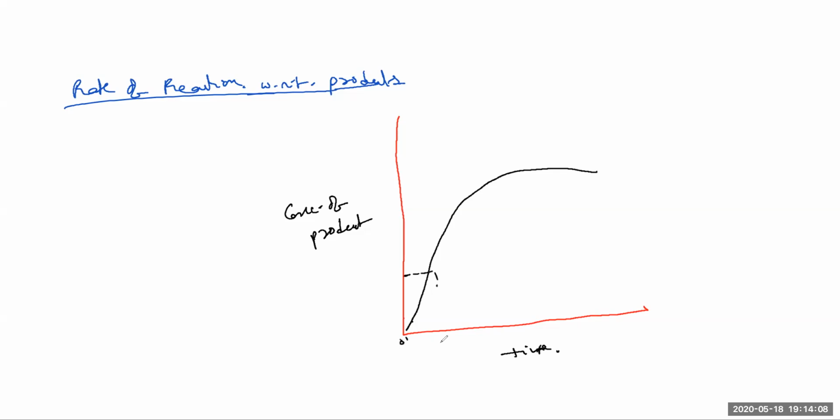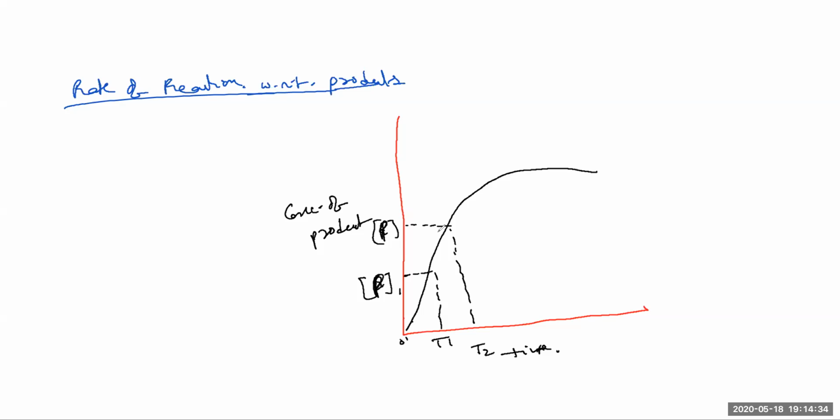And this is T1. It is the molar concentration of product P1. Next, it is T2. It is the concentration of the product P. So now we take the average.